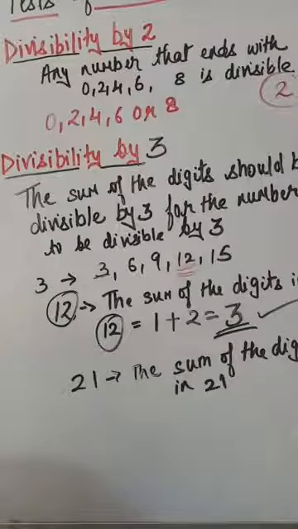What will be the sum of the digits in 21? Sum means total. We are going to add whatever digits are given. After doing that addition, whatever number we get, that should be divisible by 3. Waiting for your answer.